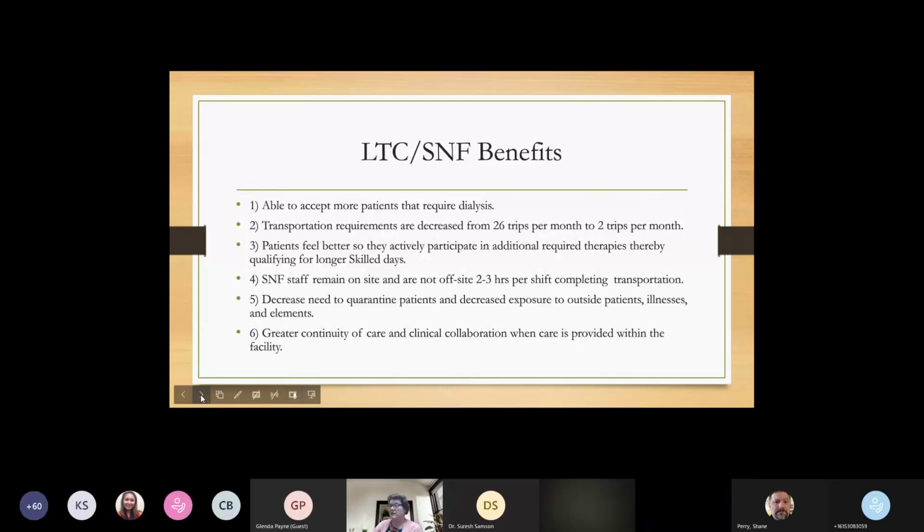We can let them know that it was an uneventful treatment, the patient felt good, was interactive during their treatment. If we noticed that the patient didn't feel well, was complaining of symptoms or complications throughout the treatment, we could let them know right then and there. And so that greater continuity of care ensures that you have good care continuously going forward.